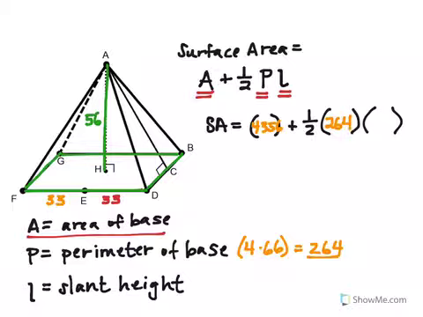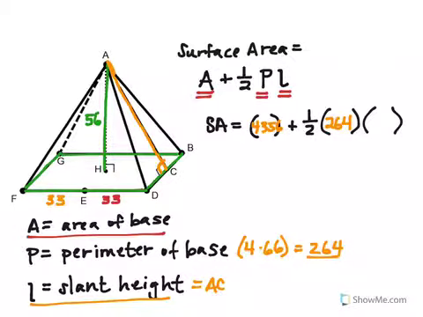And then this slant height: the slant height is the height from the top of the pyramid down to one of the sides, and it connects the midpoint of that side and is perpendicular. So we need to solve for AC. This slant height is AC. And the way that we can do that is by looking at what we already know here.